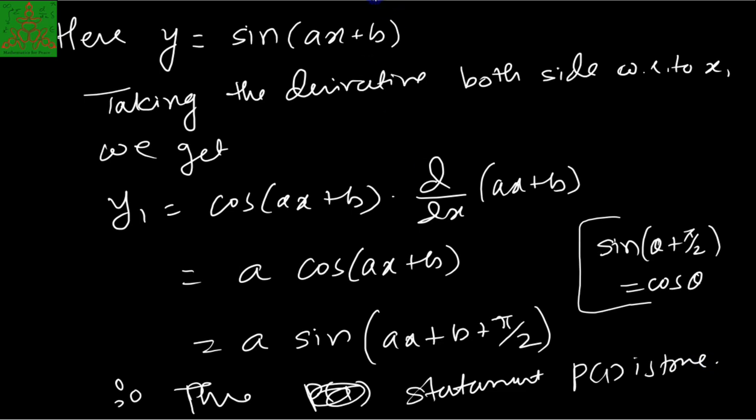Now the second step says that we have to assume the result is true for n equal to k. So assume that the statement P(k) is true.